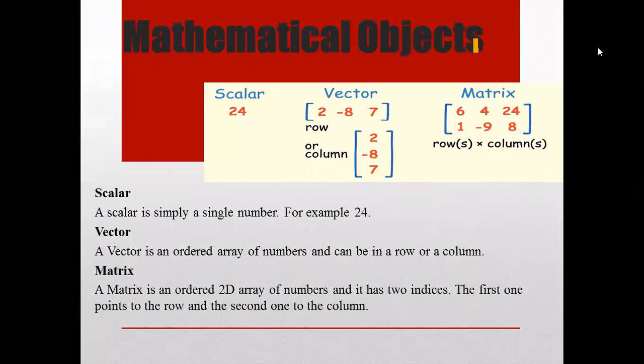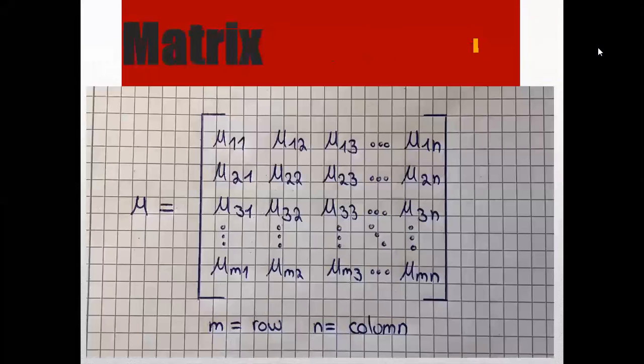So then we saw what are these individually.